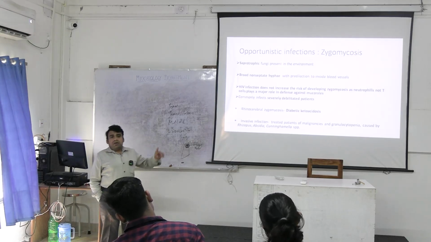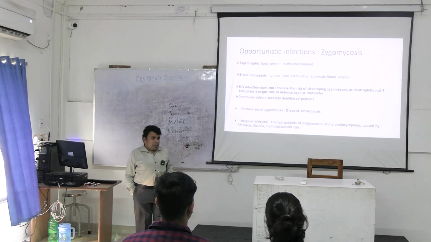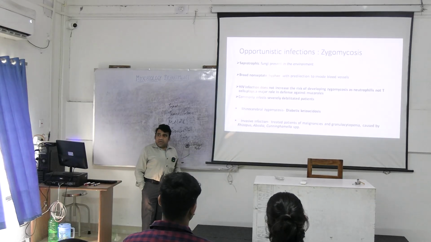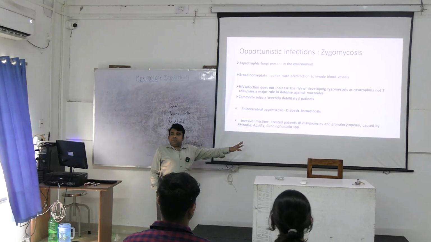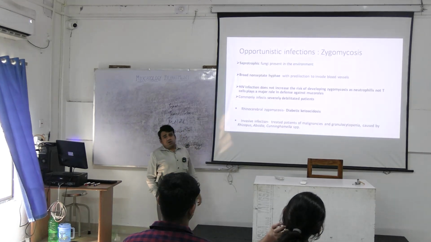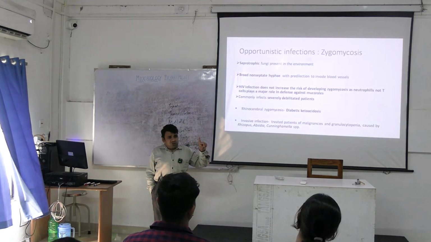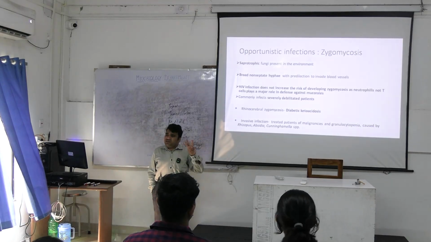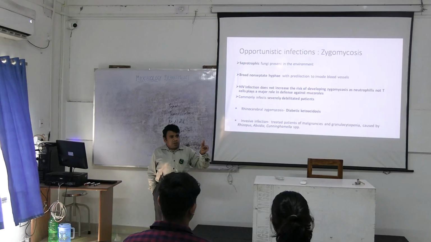Now keep in mind, zygomycosis is not a single fungus, but a group of fungus. They share the same commonality, hence they are grouped as zygomyces. There are many genus of zygomyces. For you people, please remember at least three: Rhizopus, Mucor, Rhizomucor.